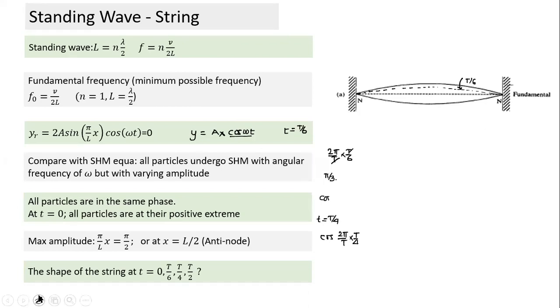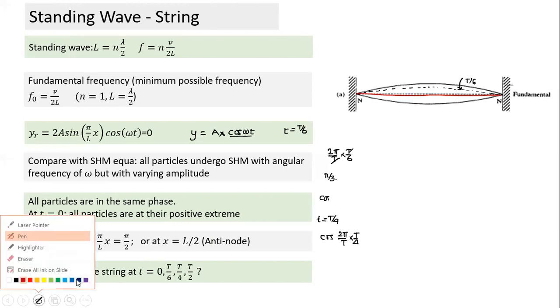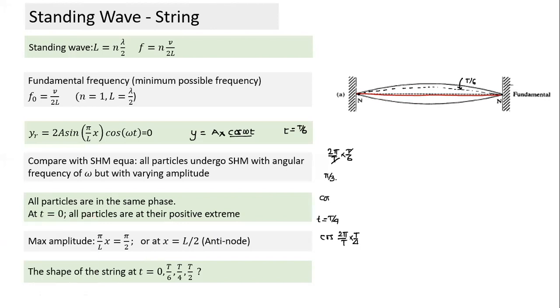So at T by 4, the shape of the string will be like this. And likewise, it will continue at T by 2. At T by 2, it will go to the other extreme. So this is how the string will vibrate in fundamental mode.